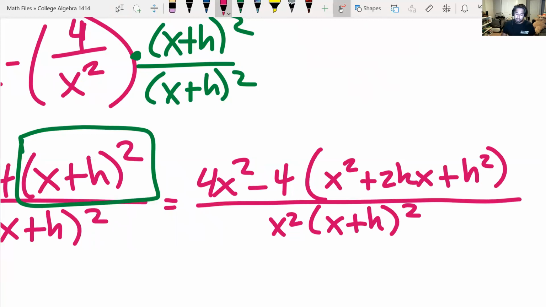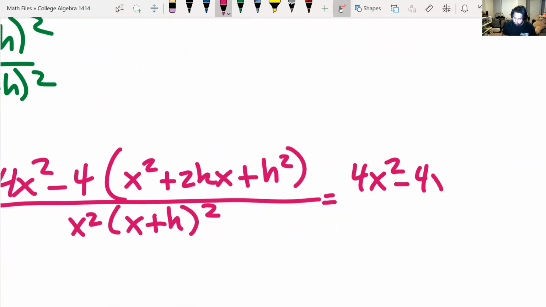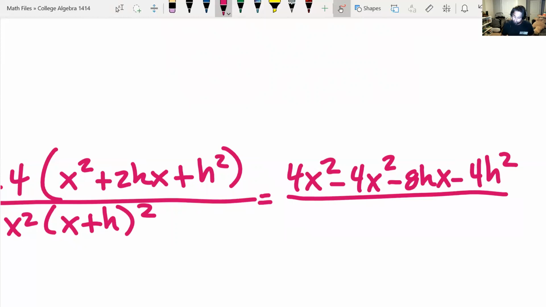Now, distribute that -4. Don't forget to bring that negative as well. That negative goes to all the terms. Over the same denominator.